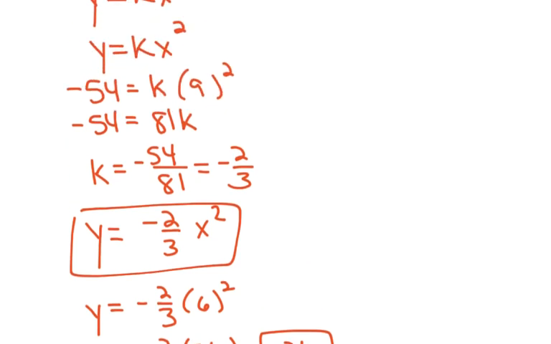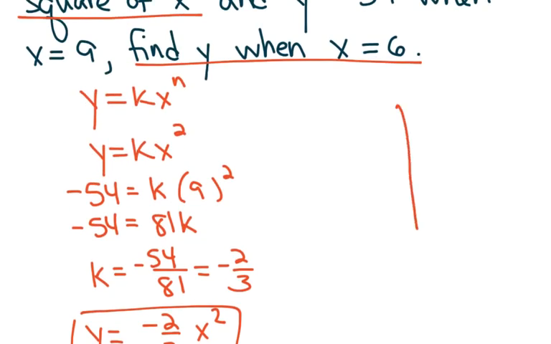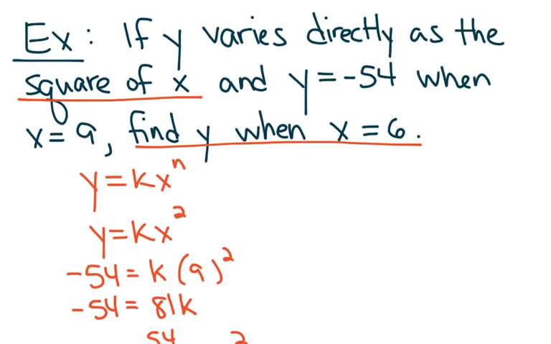However, with direct variation, we actually had another way of going about doing this problem. It was using a proportion. So it was x1 over y1 is equal to x2 over y2.